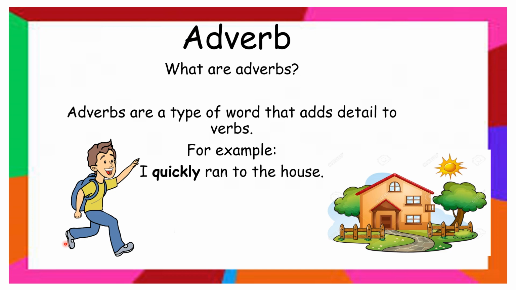So we need to find the verb in the sentence and then look for words to describe the verb. Example, we could simply have said, I ran to the house. But adding an adverb, we discover how the boy ran to the house. He didn't run slowly, he ran quickly to the house. So adverbs give us more information about verbs.